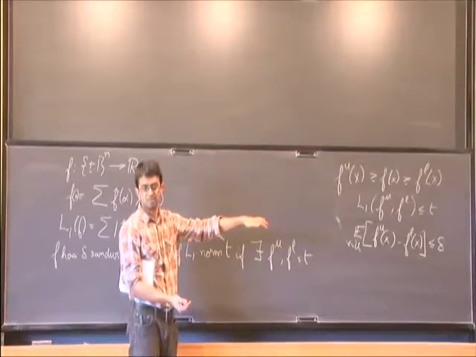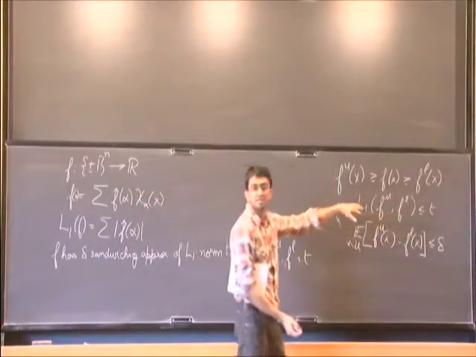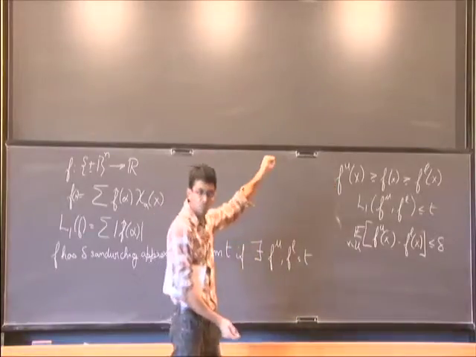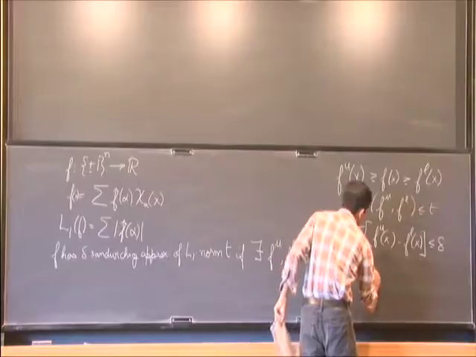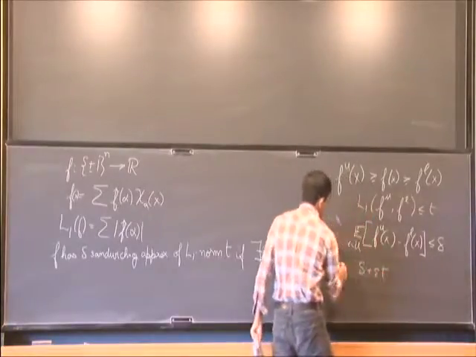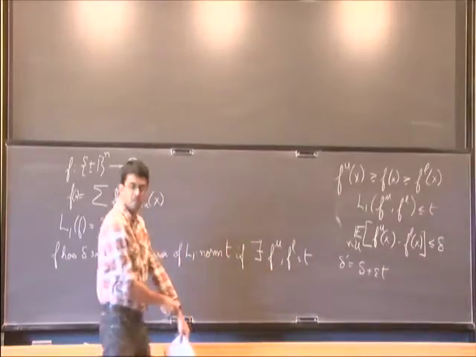I want that to be small. If I have these conditions, then any epsilon bias space will fool such an f with an error parameter delta prime, which is equal to delta plus epsilon t.